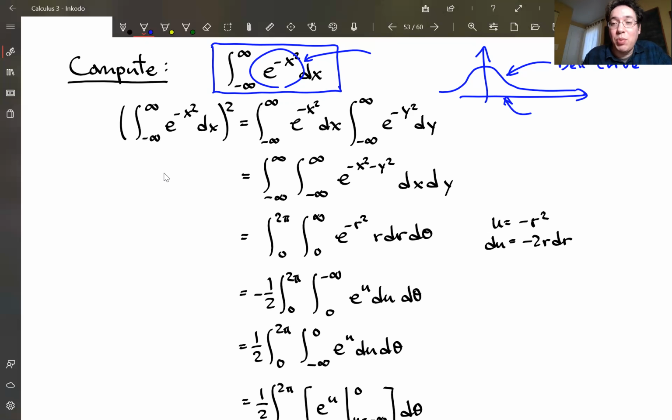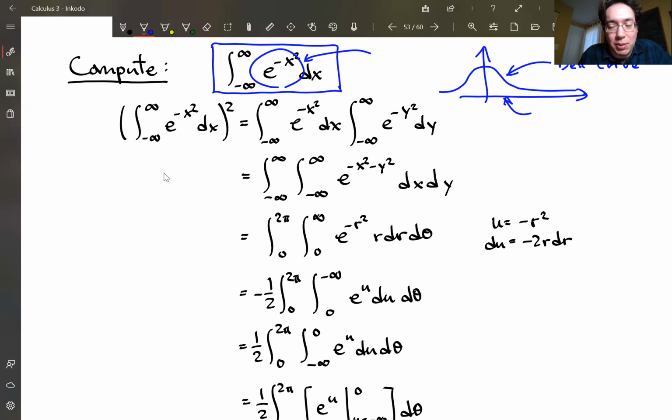When you're doing probability or statistics, we want to compute the area beneath the curve, which corresponds to the probability that a certain variable will be within a certain interval. So this would be a very useful function to be able to integrate, but none of the techniques in Calc 2 work.